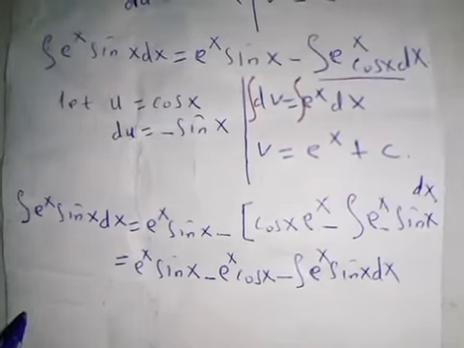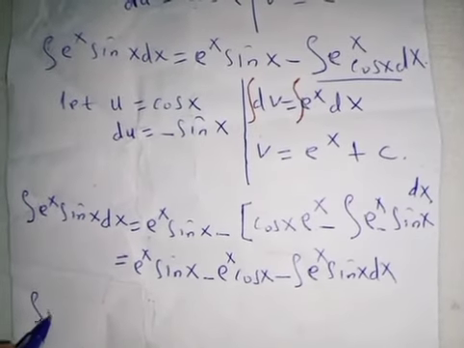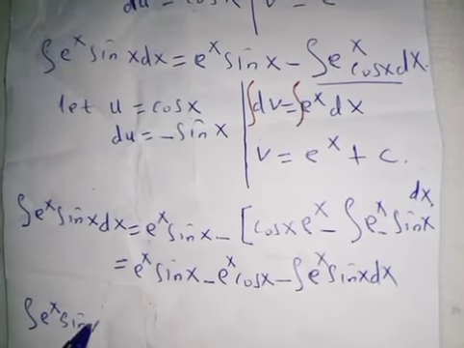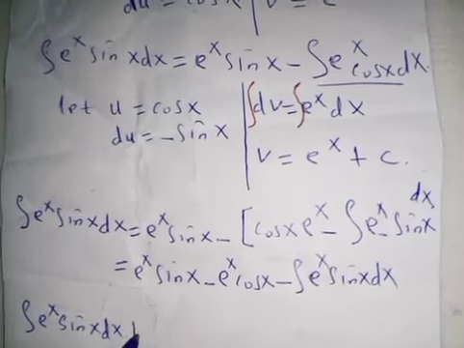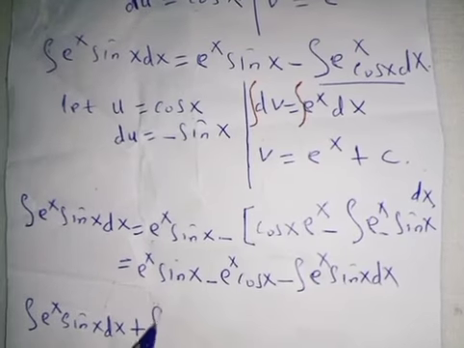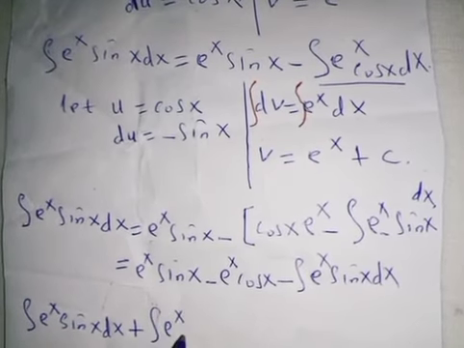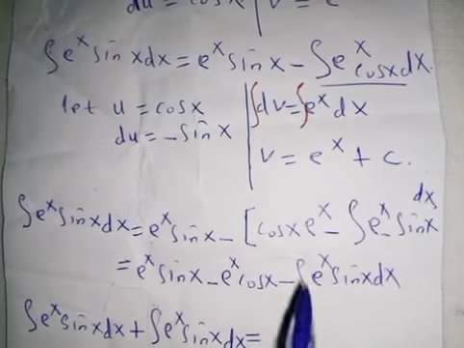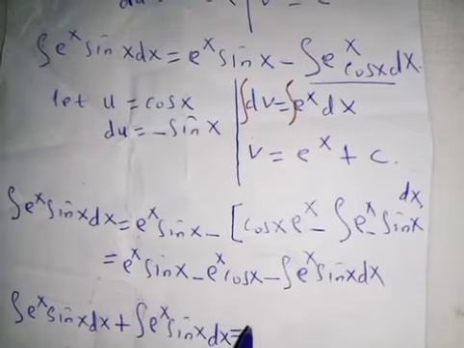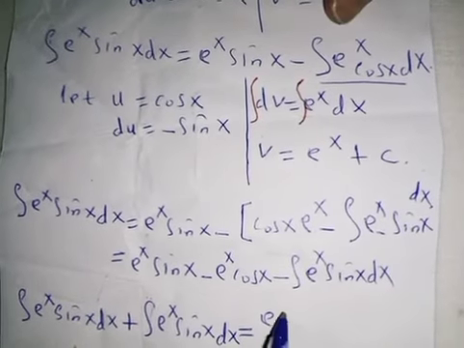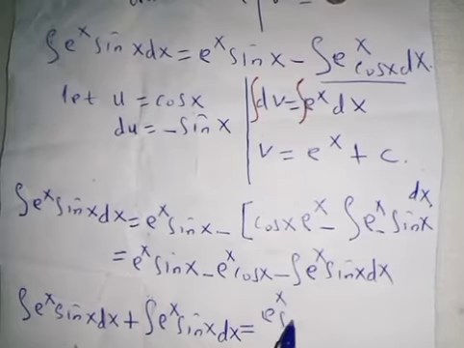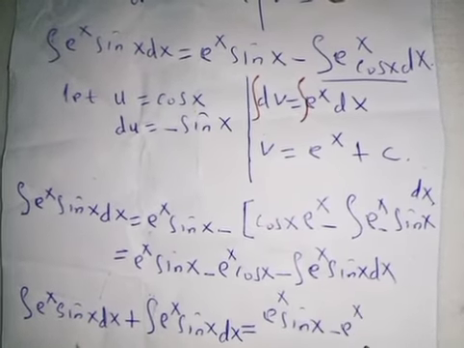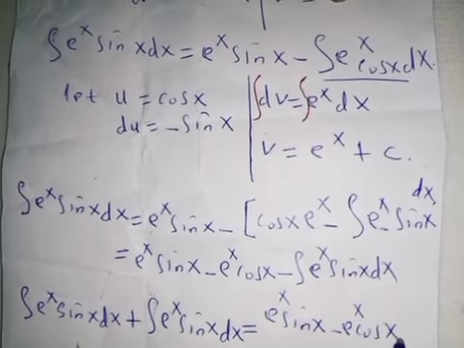So we are going to have integral of exponential x sine x dx plus integral of exponential x sine x dx is equal to exponential x sine of x minus exponential x cos of x.